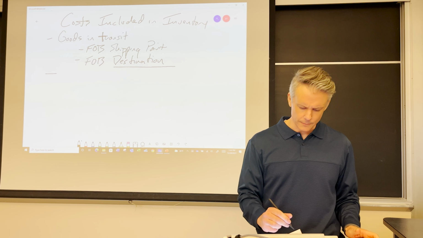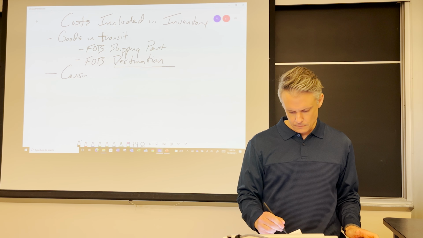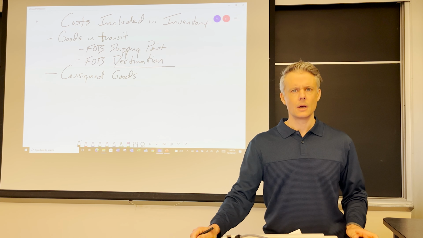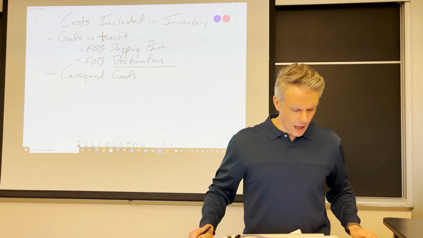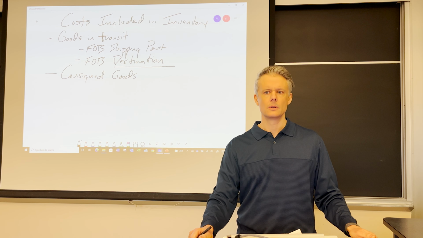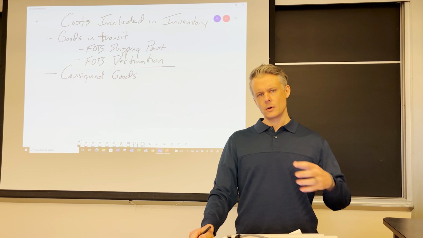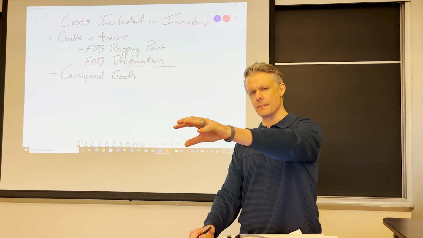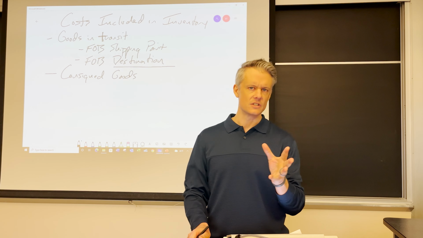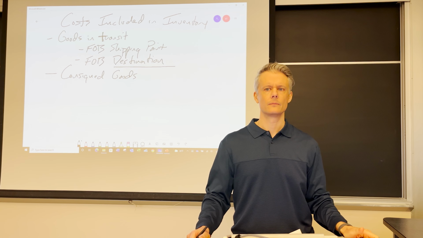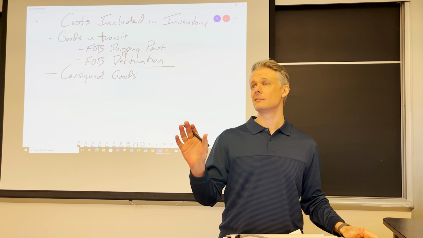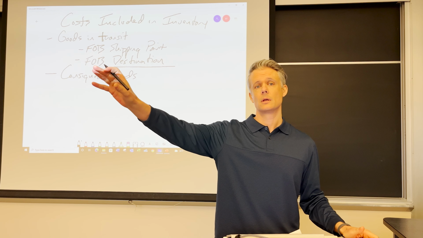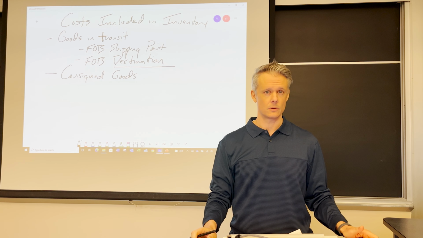Let's talk about another one. How about consigned goods? If we have goods out on consignment, what does that mean? This is inventory that we own, but it is in the custody of, or in a retail store maybe, that is selling that inventory.